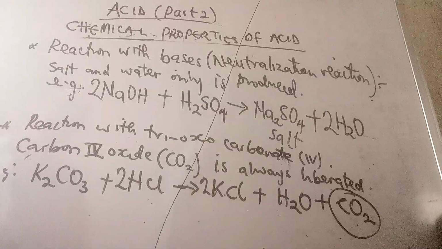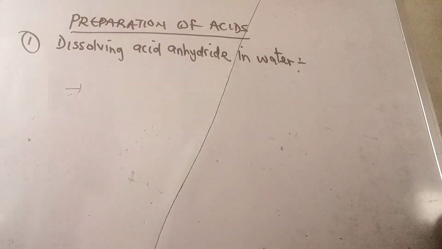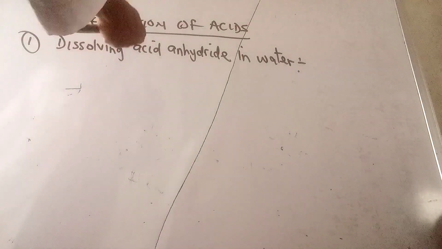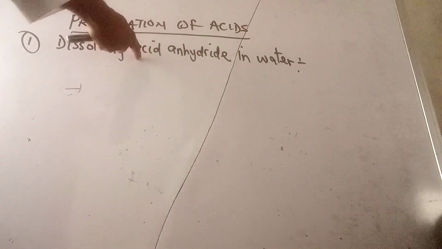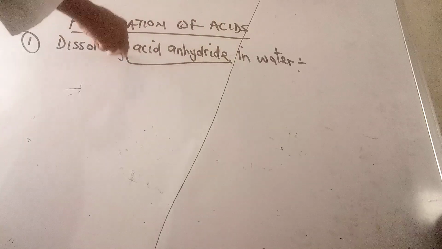So finally, we want to see how we can prepare acid in the laboratory. One of the methods of preparing acid is to dissolve acid anhydride in water. What do we call acid anhydride?